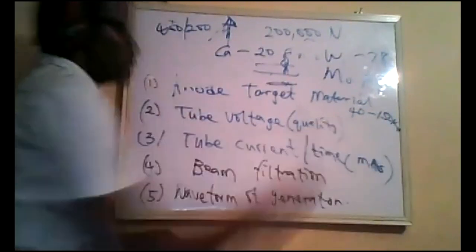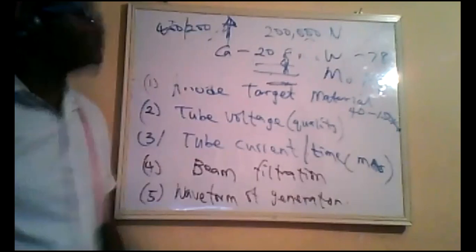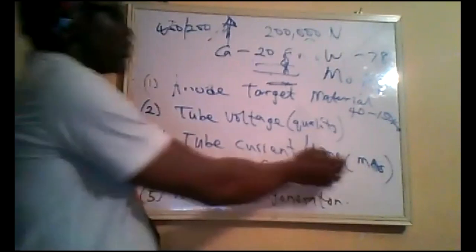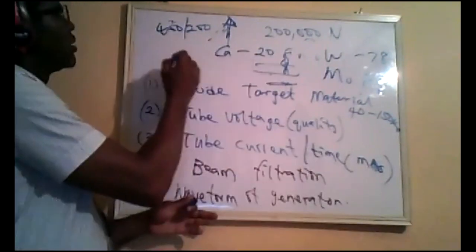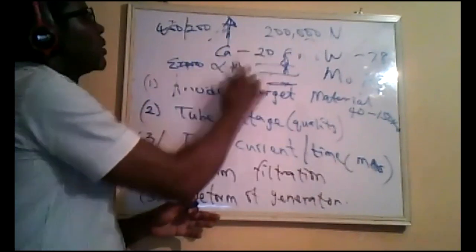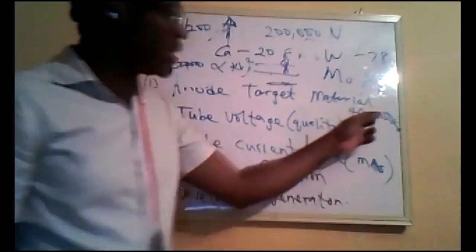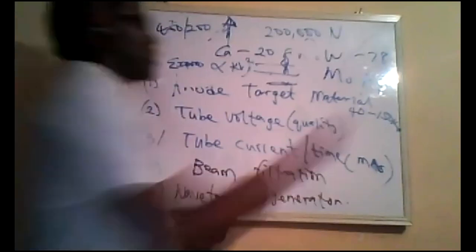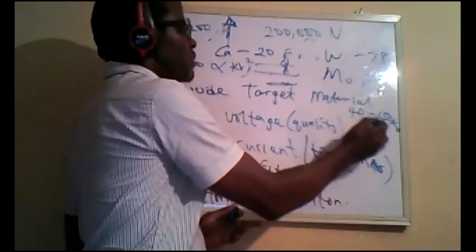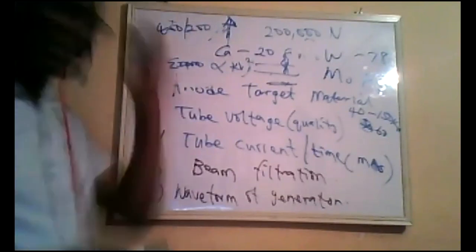If you have a small patient, a pediatric, you wouldn't want to go high, because exposure is directly proportional to kV squared. So if you are imaging a pediatric, you choose a lower kV, usually around 50 or 60 kilovolts, so that you don't introduce so much exposure into the patient.